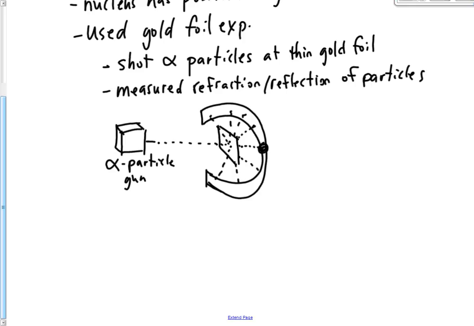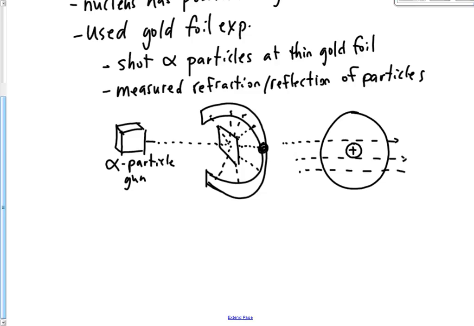Okay, and what he determined was that our atom has to have some small ball of positivity in it. So that most of the alpha particles can pass straight through without hitting it. Okay? And then every now and again, one would come and reflect off or bounce backwards.